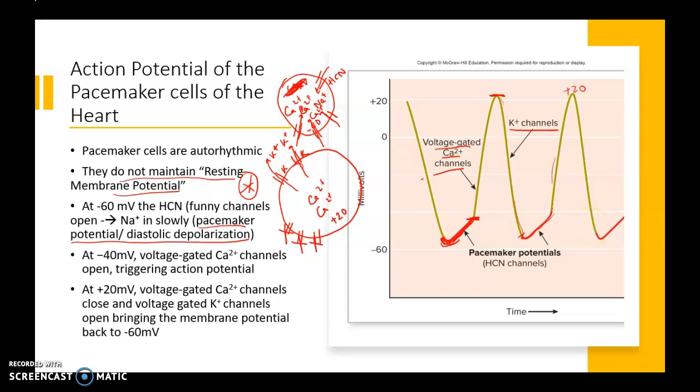This helps to maintain the diastolic depolarization, and as these action potentials are generated by the pacemaker cells, that results in the spontaneous depolarization of the atria. All right, hope that's clear.